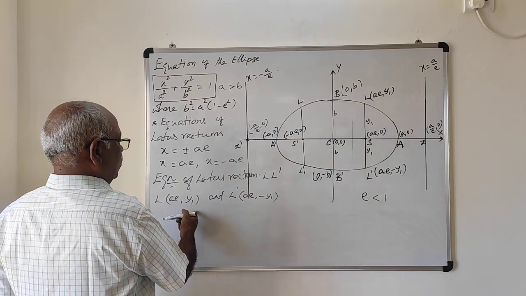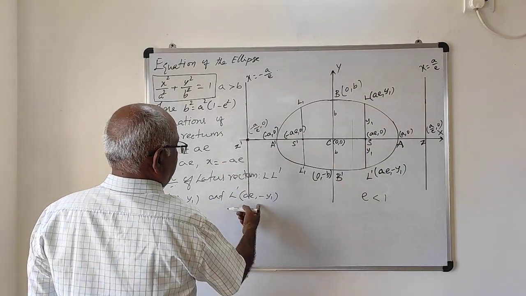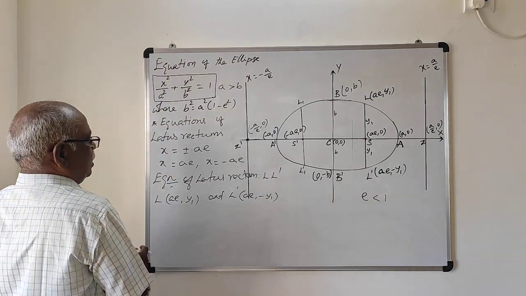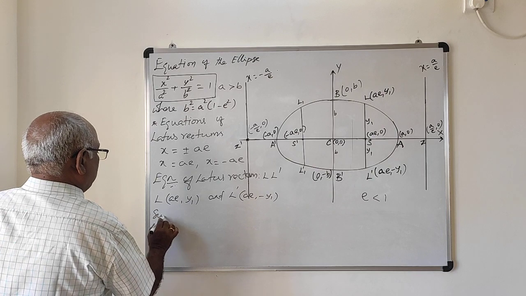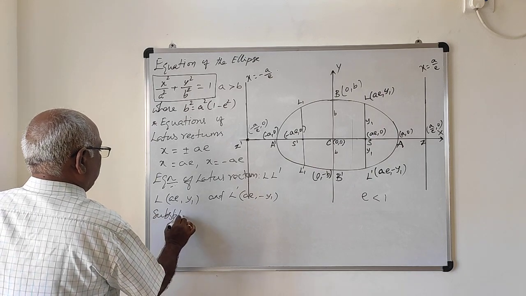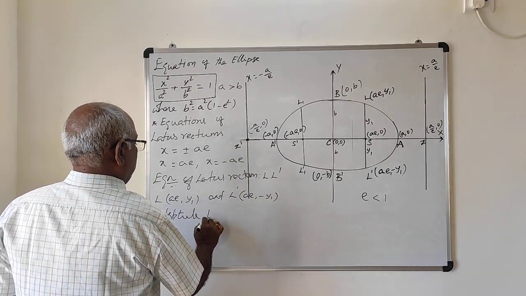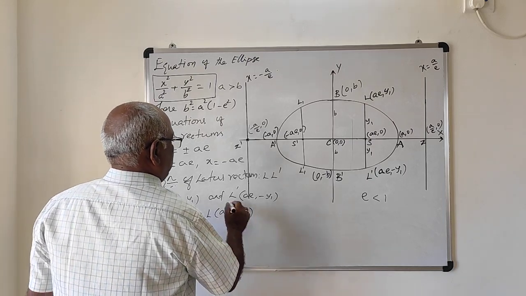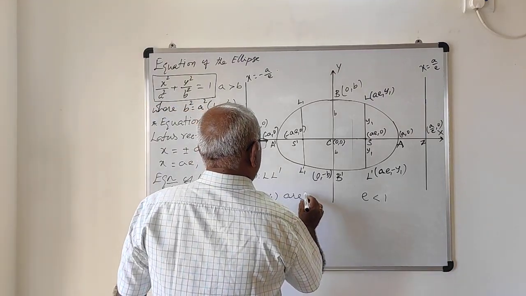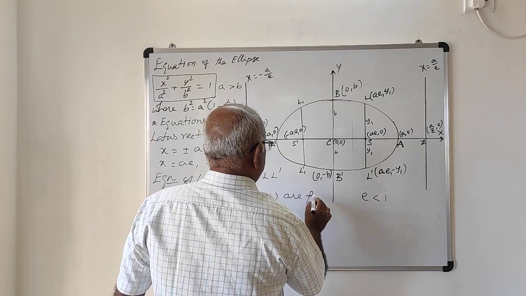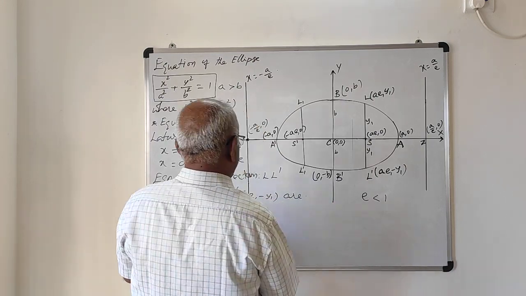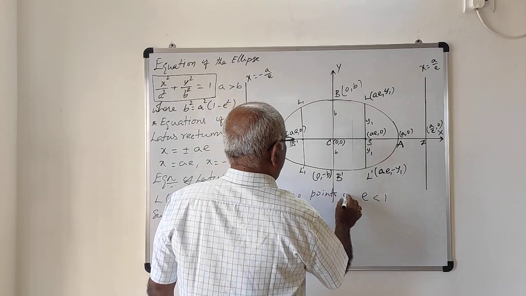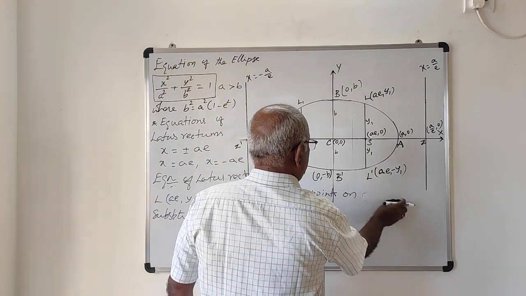L(ae, y1) and L dash (ae, minus y1) are the points on the ellipse. We substitute L(ae, y1) into the equation, since these points L and L dash are on the ellipse.